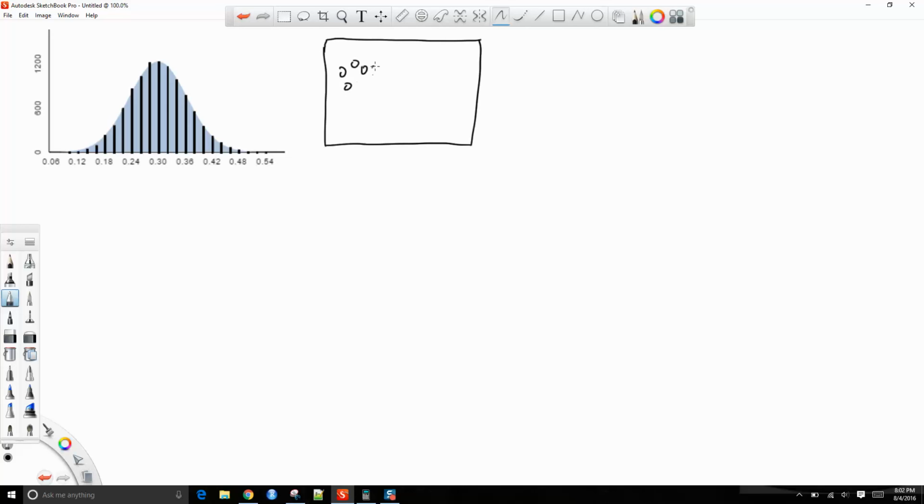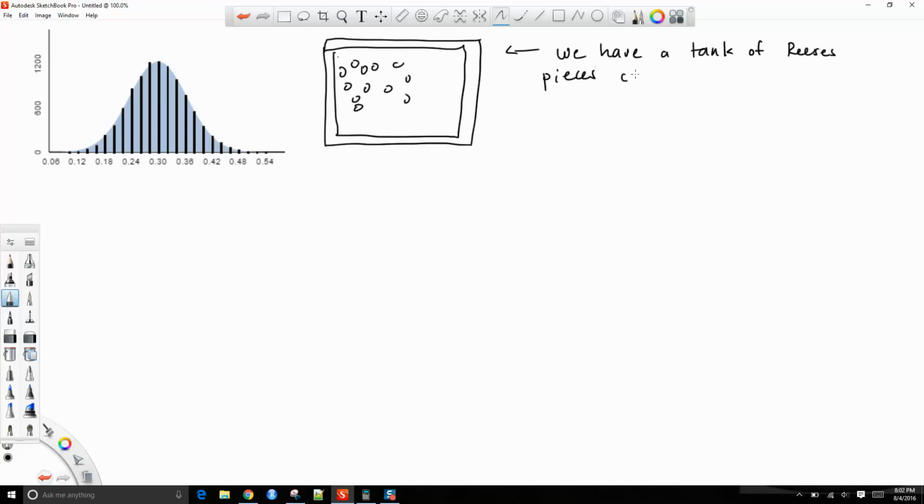Okay, so we have a tank of Reese's Pieces candies in the tank. 30% are orange. Okay, and we take a random sample of 50 pieces of candy.